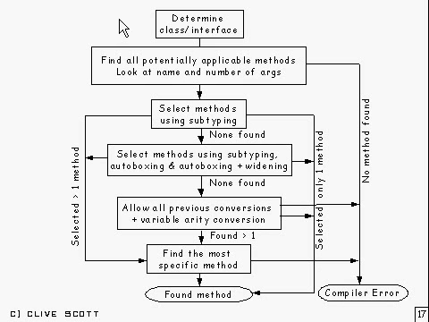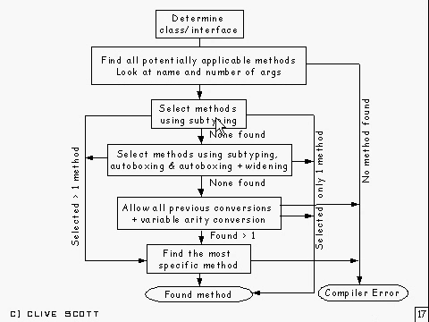This is a little flowchart I've knocked up to show overloading, and this is how you do it. First of all, you determine the class or interface you're going to have to search, and then you find all potentially applicable methods by examining the name and the number of arguments. And if you haven't found any, then it's an error.